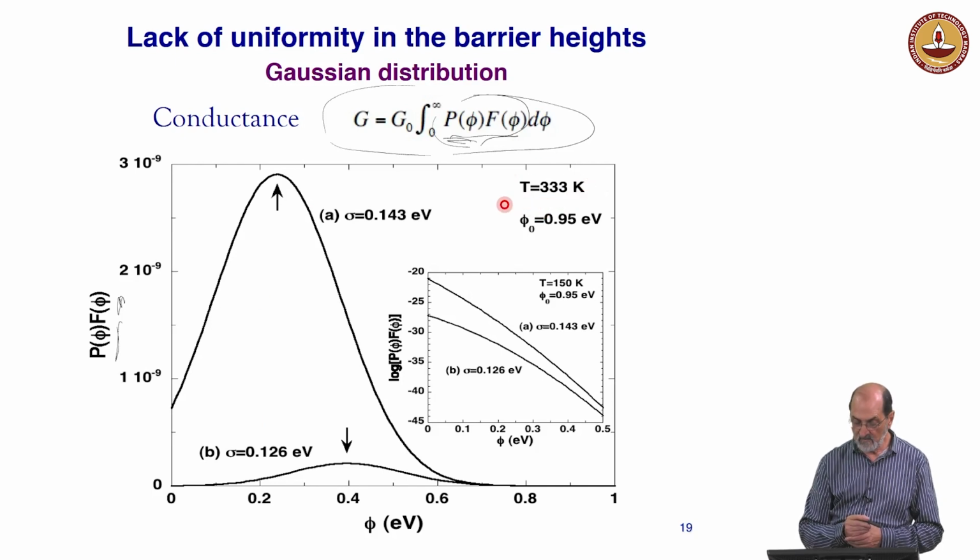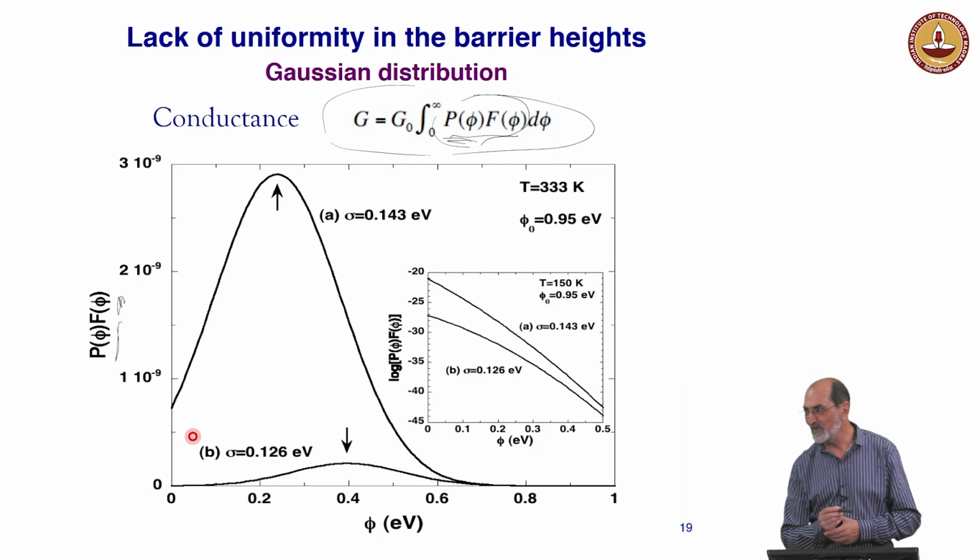If we go to very low temperatures, 150 K, the Boltzmann factor, which is here, makes the maximum go more and more to the left. Do you see that intuitively? Does your intuition tell you that?